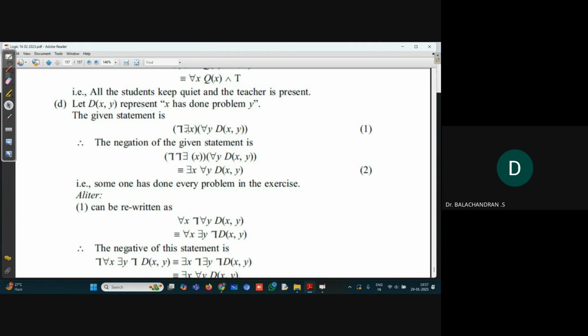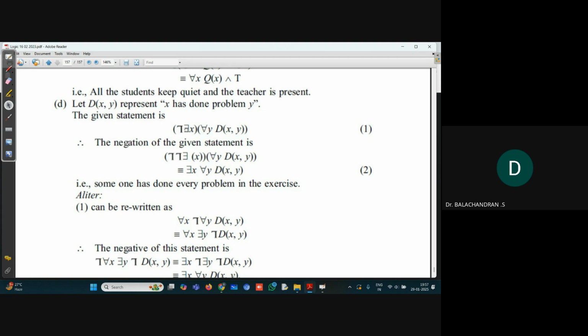So what is the meaning? Some student solved every problem. So that is the meaning. But I need no one solved every problem.